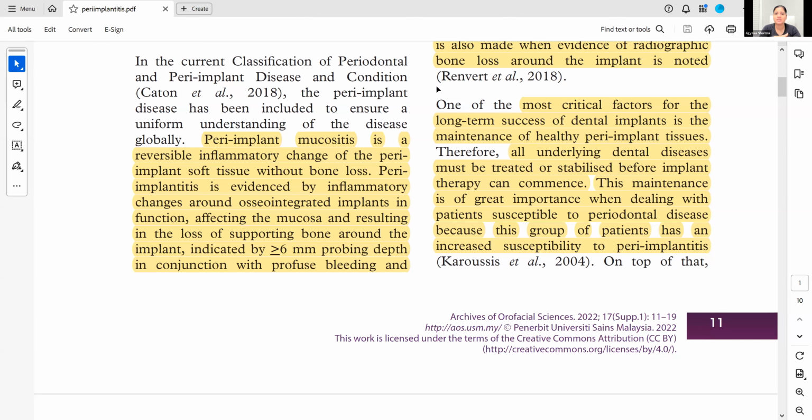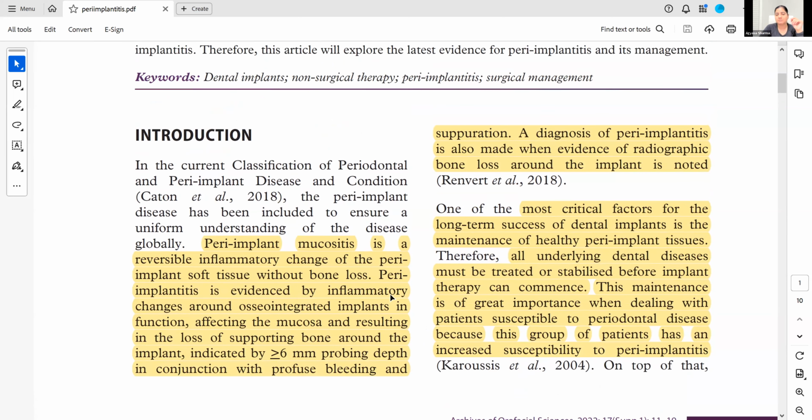Peri-implantitis, whereas, is evidenced by inflammatory changes around osseointegrated implants in function, affecting the mucosa and also resulting in the loss of supporting bone around the implant. It is indicated by probing depth greater than 6 mm in conjunction with profuse bleeding and suppuration.